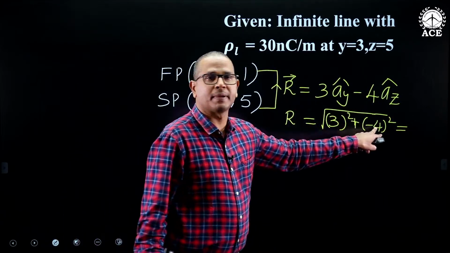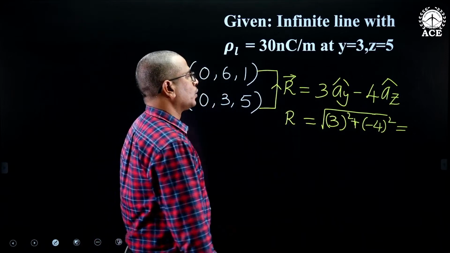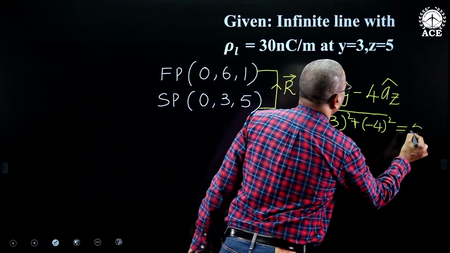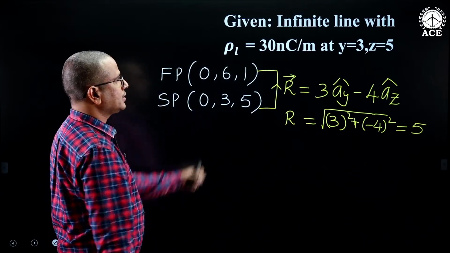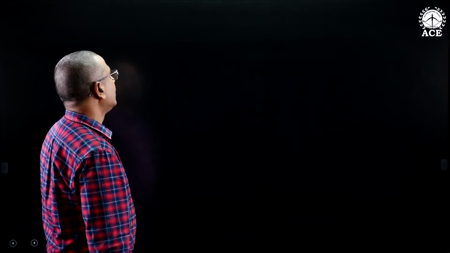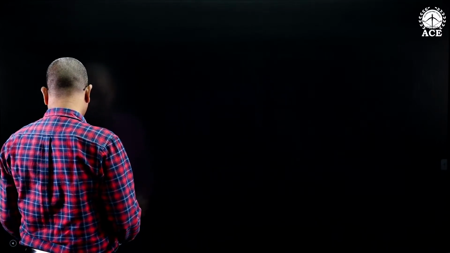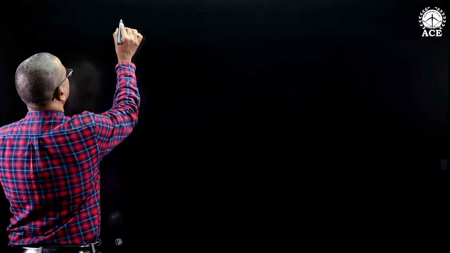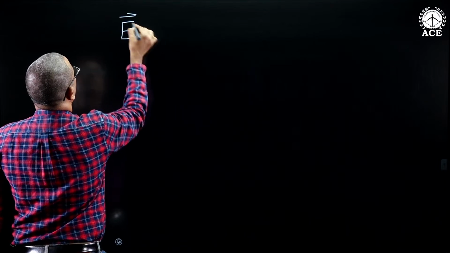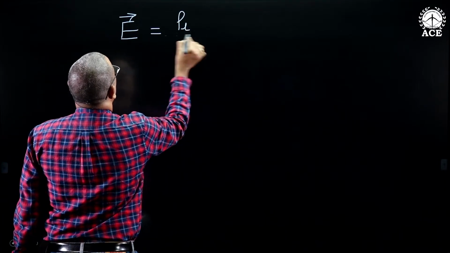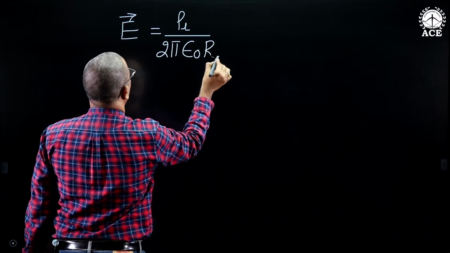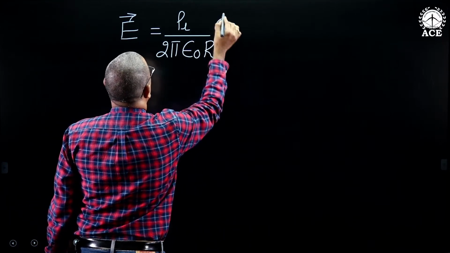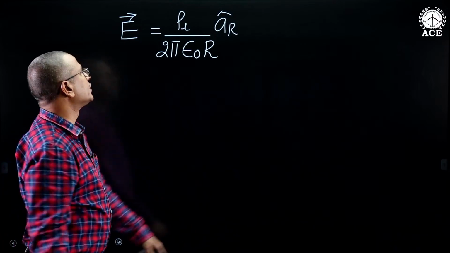Root of 9 plus 16, root 25. It is 5, the distance. Now we have rho L with us and we can find the electric field intensity. What is the electric field intensity? E bar is equal to rho L by 2 pi epsilon naught mod R, a_R cap. This is our equation. We know that. I have given this formula already.